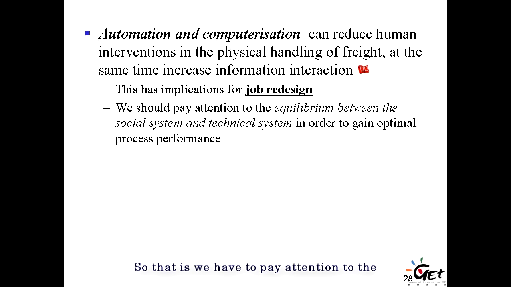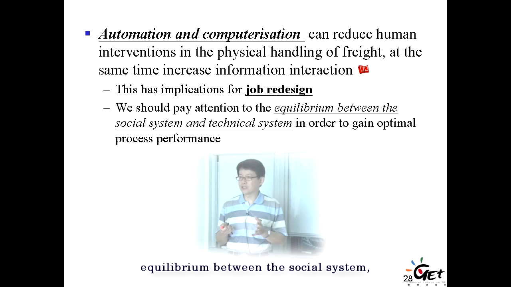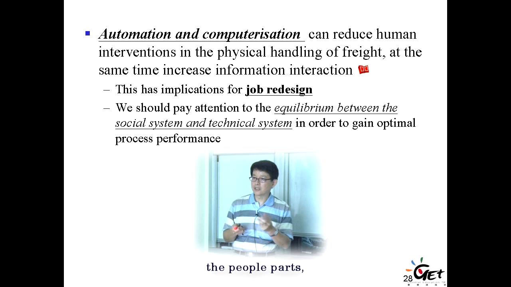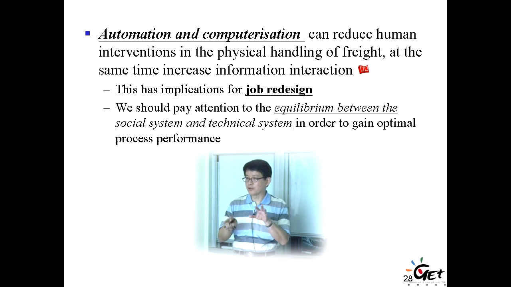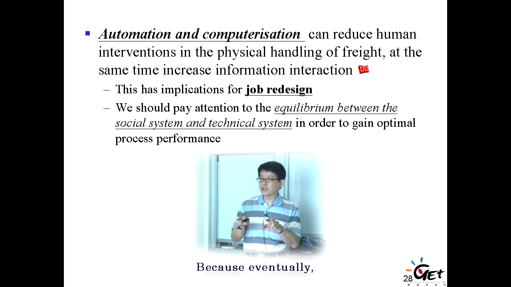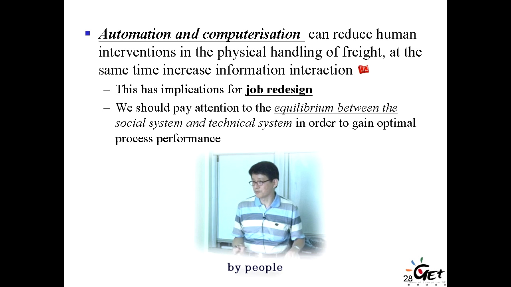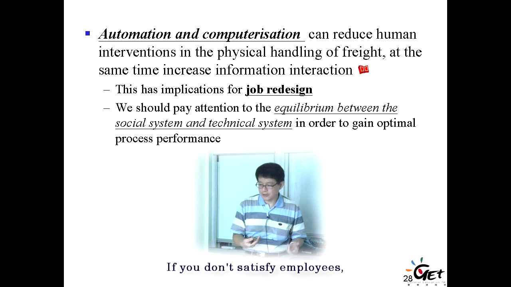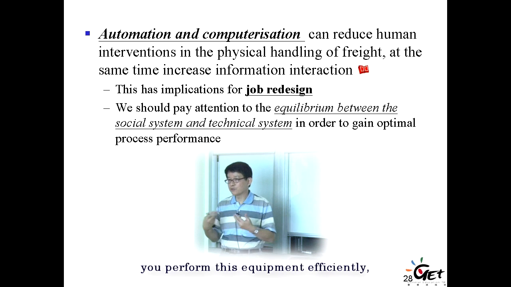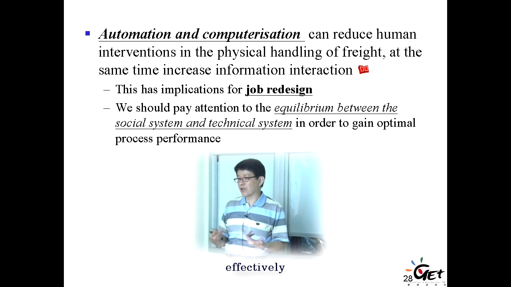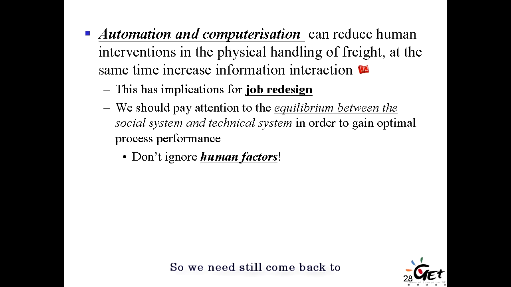So we have to pay attention to the equilibrium between the social system, the people part, and the technical system, right? We have to balance, because eventually the technical system still needs to be operated by people. If you don't have satisfied employees, how can you operate this equipment efficiently and effectively? So we still need to come back to the human factor considerations. Okay, that's all for today.